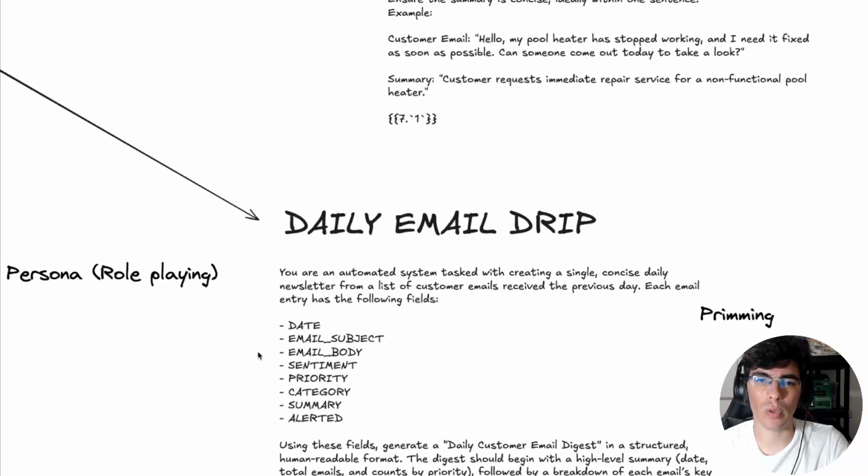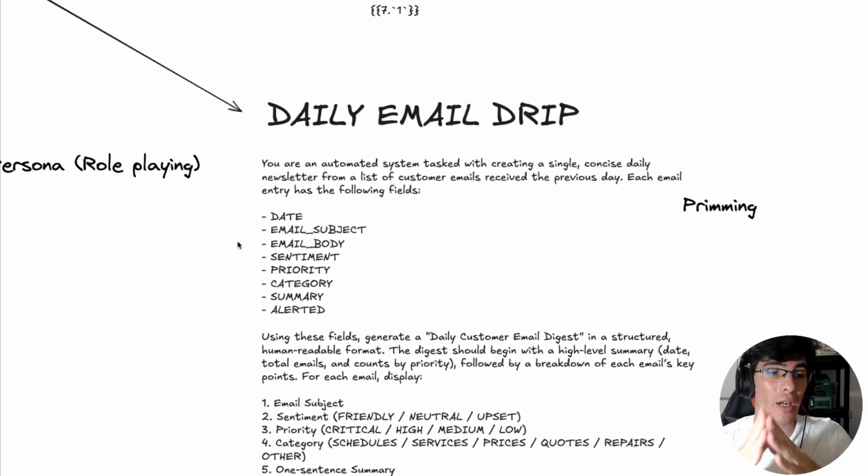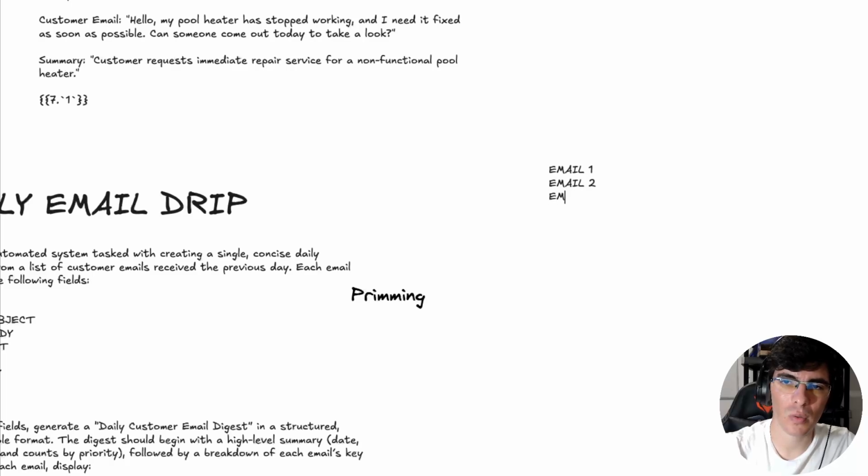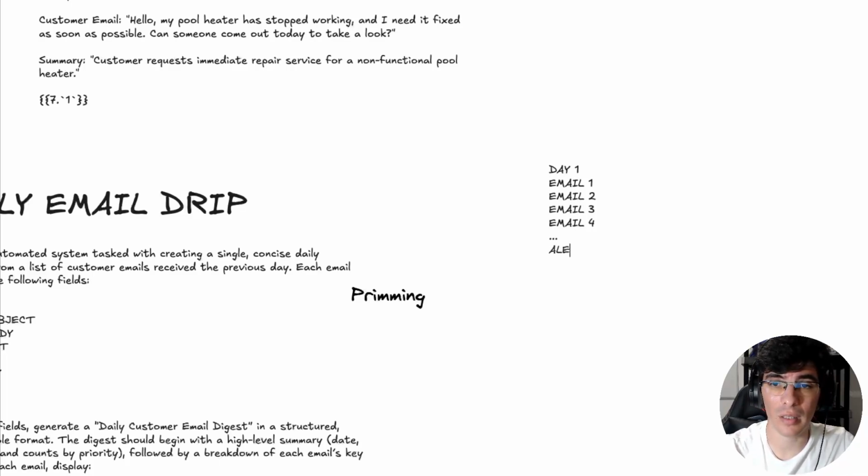What we do with this is, suppose you got email 1, email 2, email 3, email 4, and you got a bunch more, right? On the first day, on day 1. And what you want to do is get an alert with the summary of all of them.